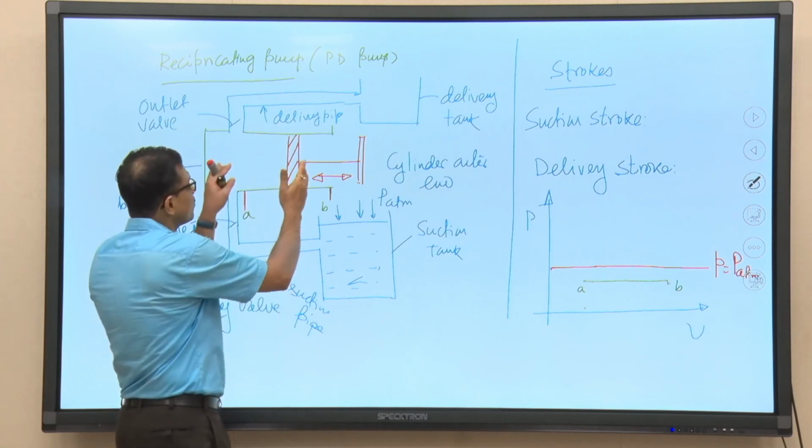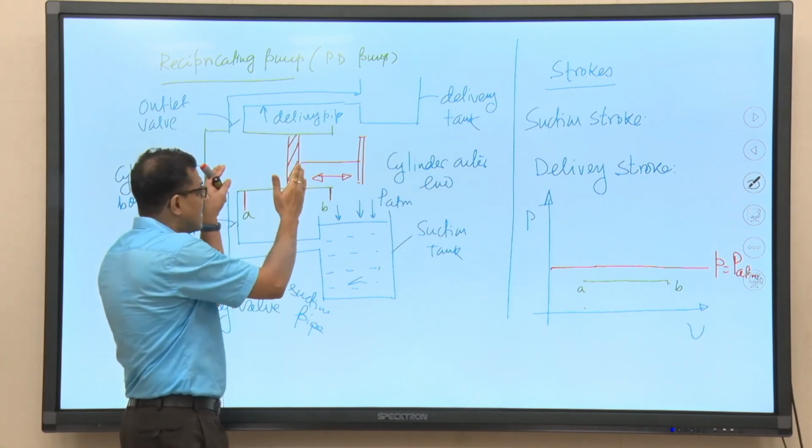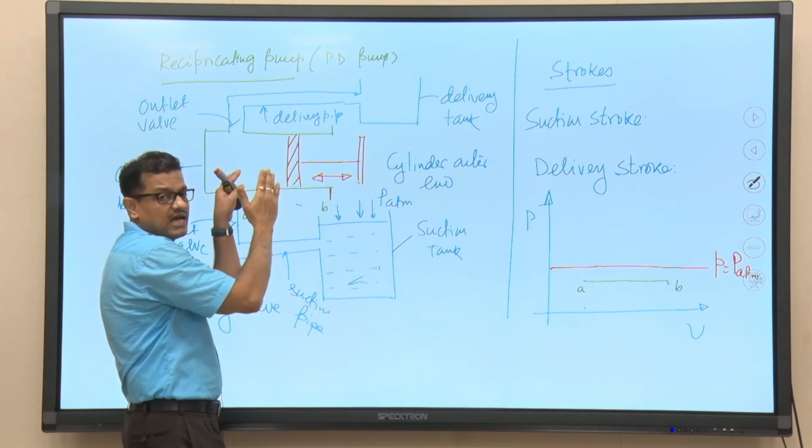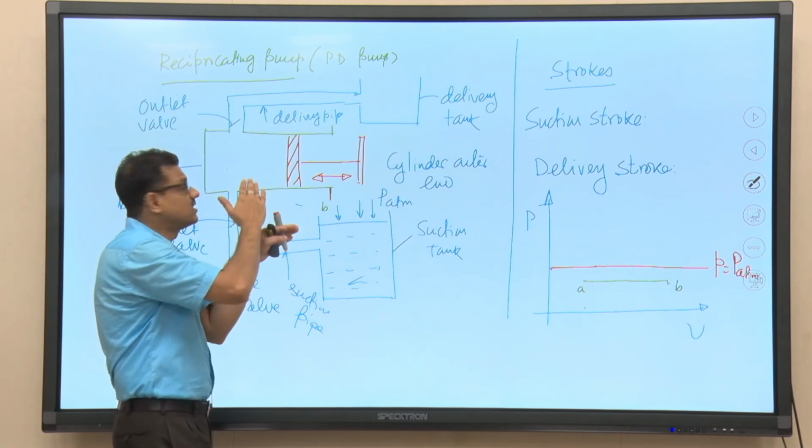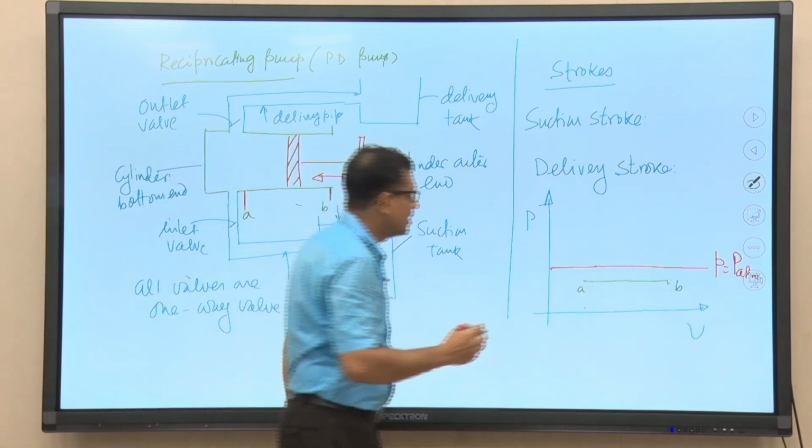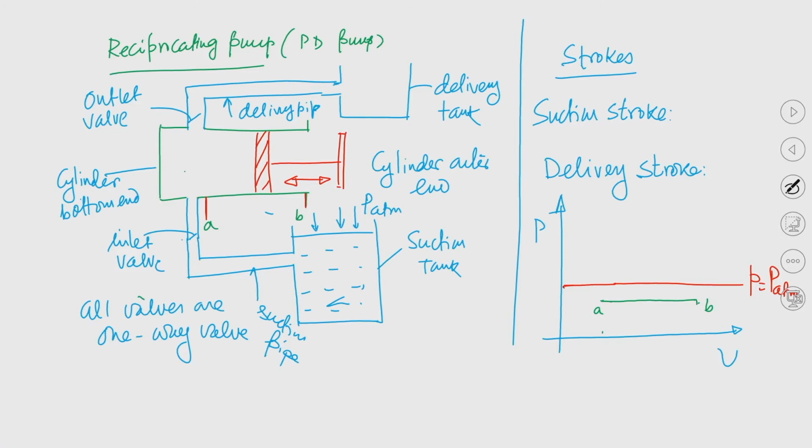So, momentarily when the delivery stroke begins, the volume remains constant and the piston creates a thrust on the liquid inside the cylinder, and the pressure rises abruptly. Say this is the pressure rise, this is point C. This is the suction stroke.